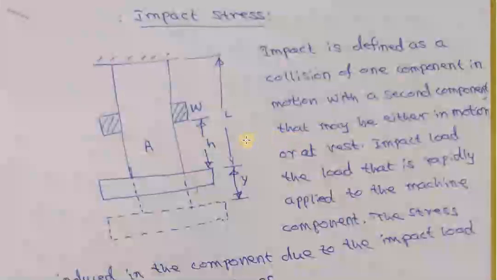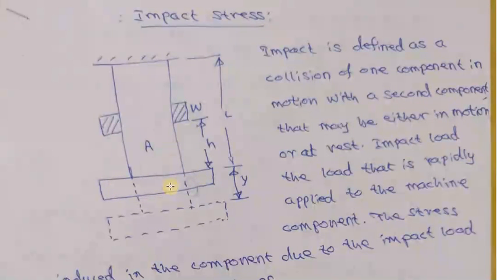Now let us consider an elastic body, which I have written as A, having a cross-section area A. The body is attached at one end, so this end is fixed. At the other end you have a collar, a disc-like structure.